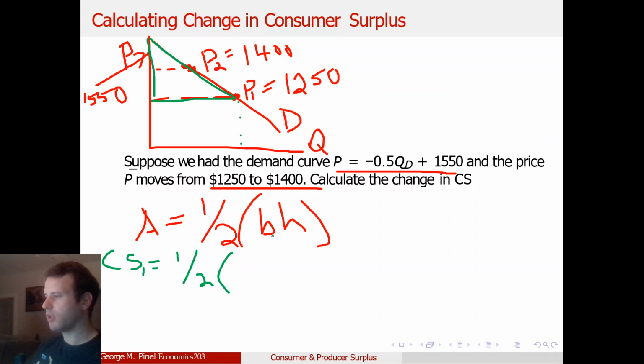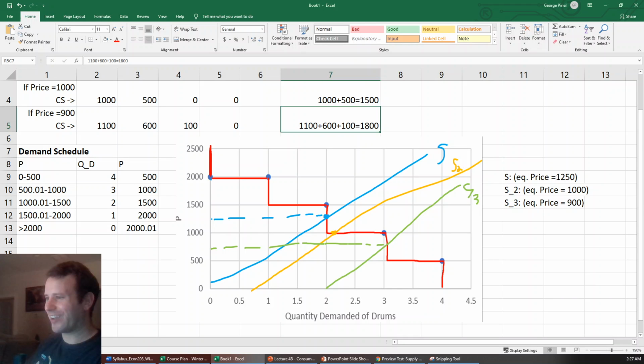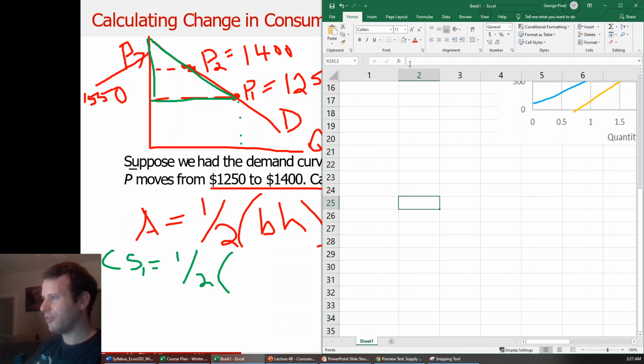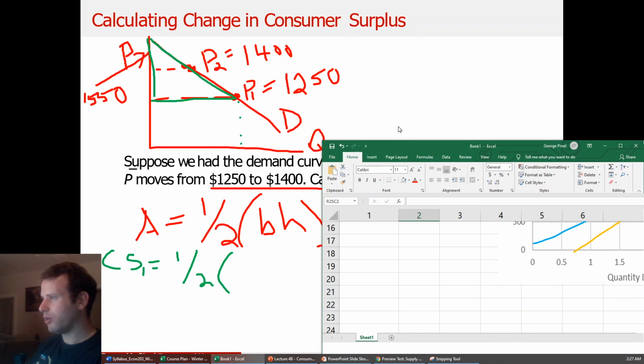Okay, I might actually do this in Excel. It's just so much easier to write. I'm sorry, guys. I'm learning too. So you see the graph.